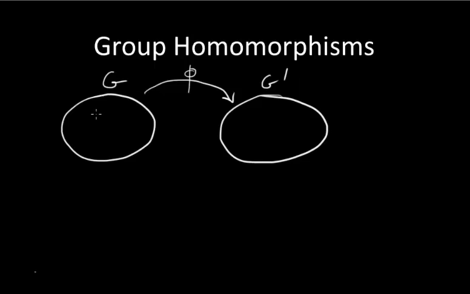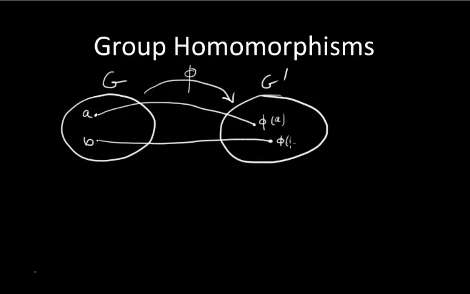If I pick A and B in G, then they will map over to phi of A and phi of B. Remember, a mapping is a function. A mapping means that it picks up each element of G and maps it to one element of G prime. So we have a mapping that tells us there'll be a phi of A and a phi of B.